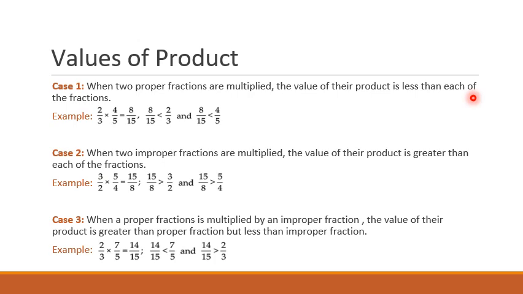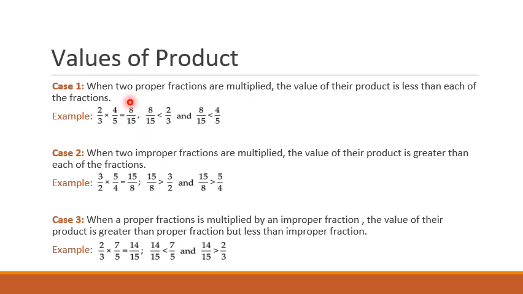So let's understand it with the help of an example. So here 2 by 3 multiplied by 4 by 5. Multiply numerator to numerator, 2 fours are 8, and 3 fives are 15. So the answer is 8 by 15.